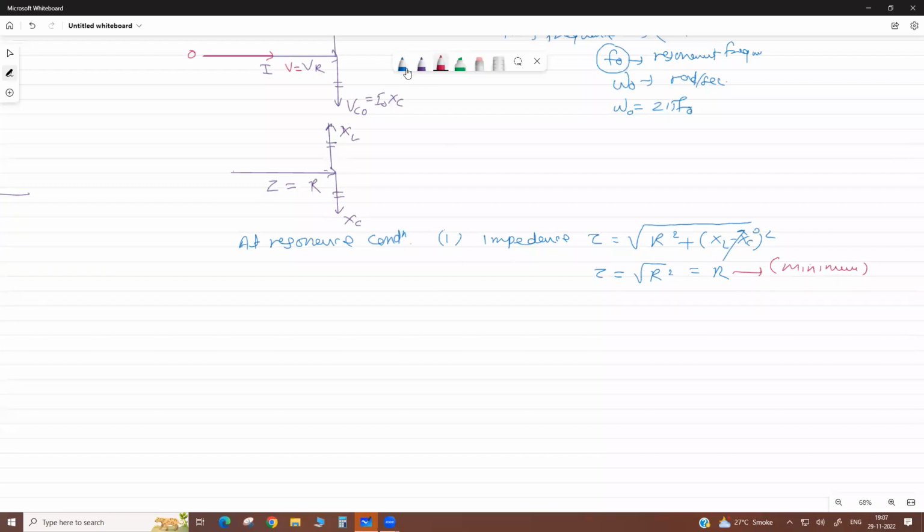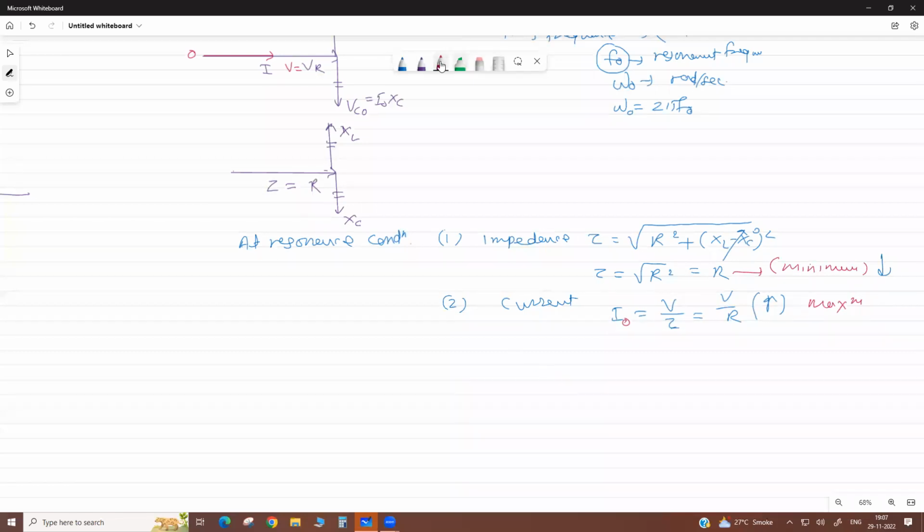Second, we calculate the current under resonance. You know I equals V by Z, and your Z is only R. So the current is high, impedance is low, so it is a maximum. Maximum current will flow through the circuit, and it is denoted by I naught.